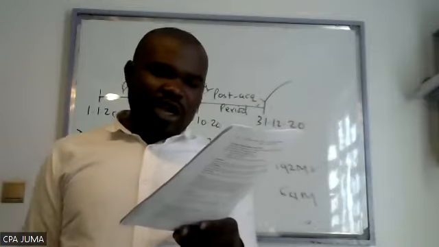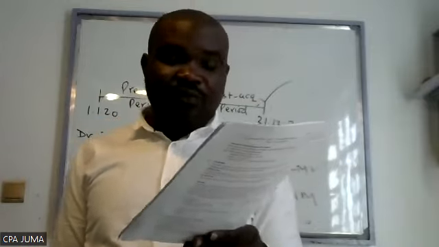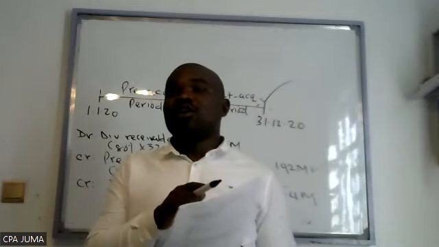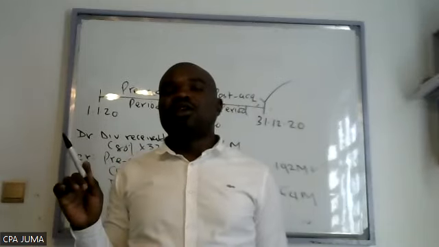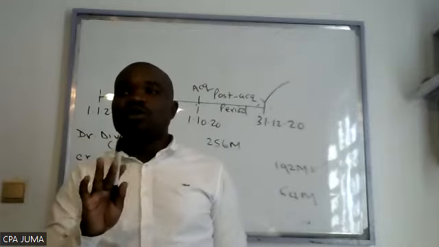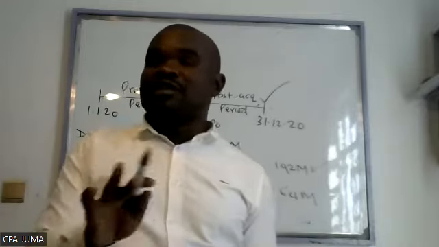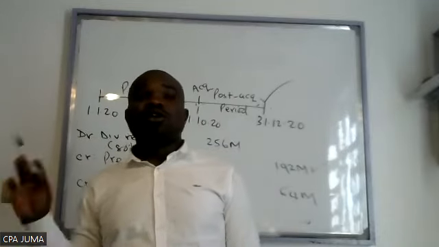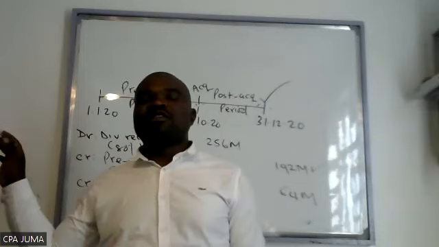So, accounting treatment for associates and joint arrangements. Joint arrangements and associates are accounted for the same way. The way we treat joint ventures and associates is the same. In all of them, there is no control. Control exists when you have 51%.